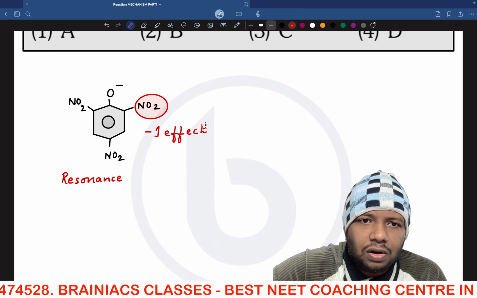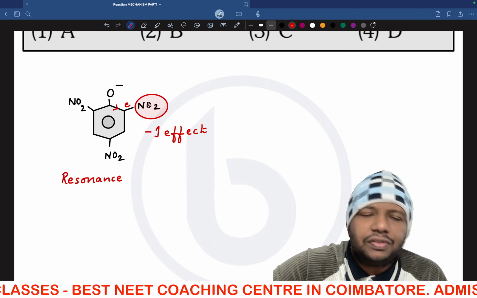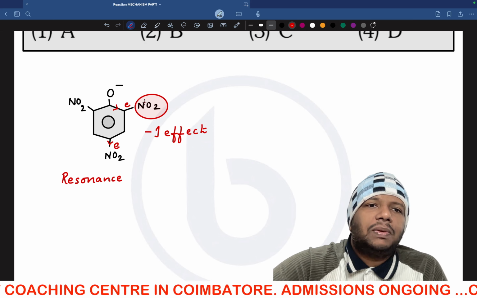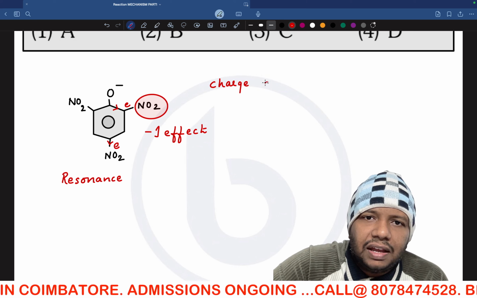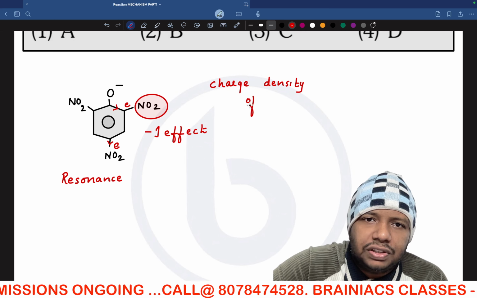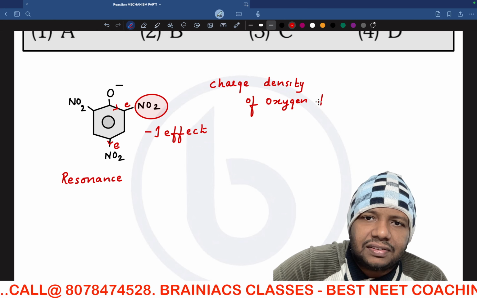So what does it mean? Through the sigma bond, the electrons will start flowing in this direction. So I can say the charge density of oxygen decreases.